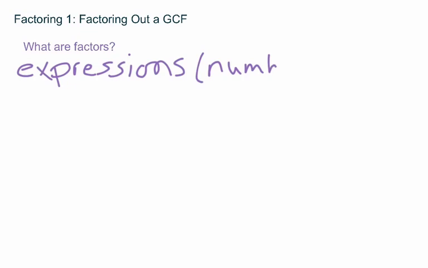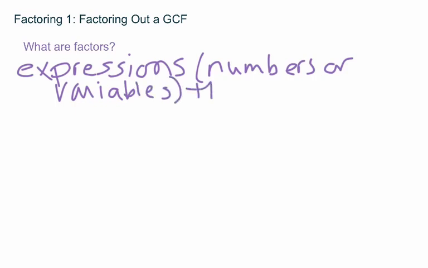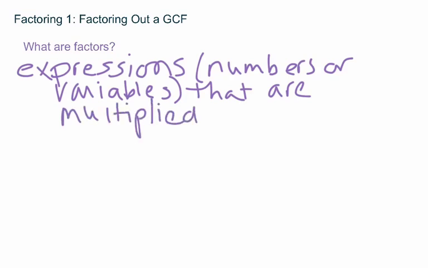They are expressions meaning numbers or variables, okay, so numbers or letters that are multiplied. And that's the key thing there, is that factors are numbers or letters that are multiplied.